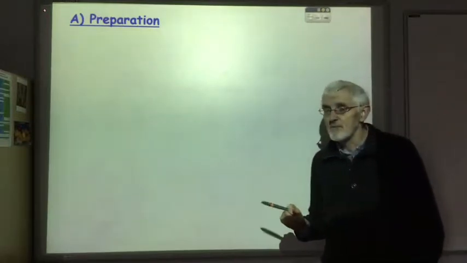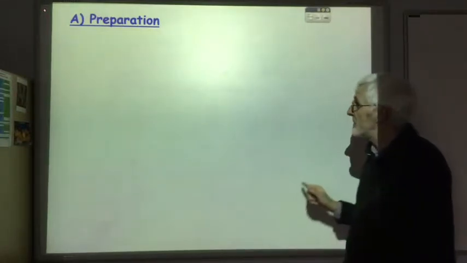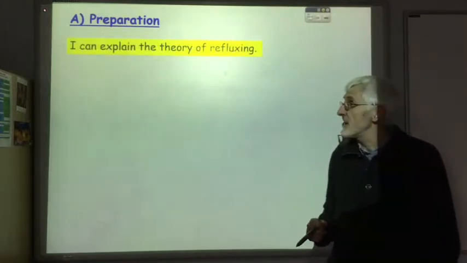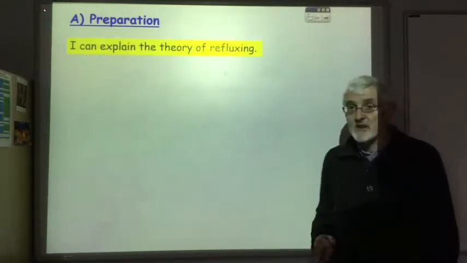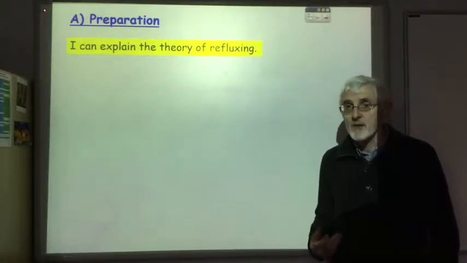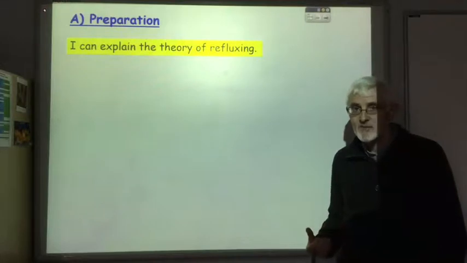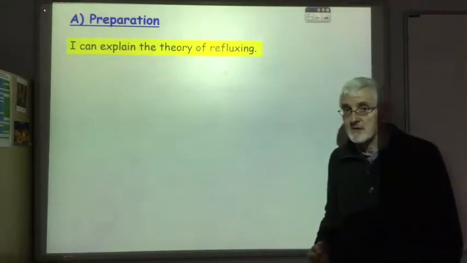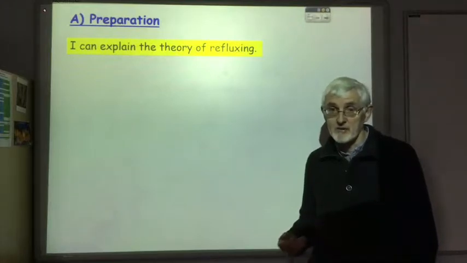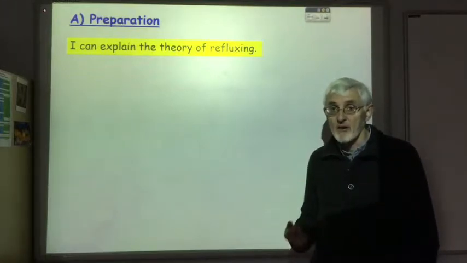Now, preparation is probably the simplest part of the process, and the only learning outcome there is that you should be able to explain the theory of refluxing, because very often to make a product we have to heat up the reaction mixture, and being organic chemistry, normally some of the reactants, or indeed the products or byproducts, are very volatile.